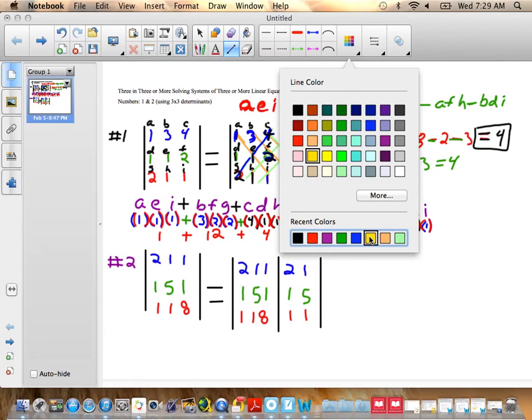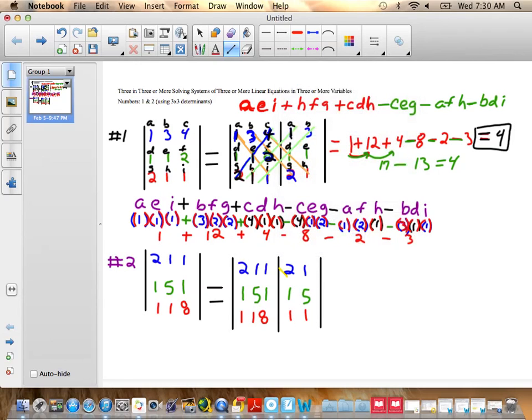I'm using the letters A, B, C, D, E, F, G, H, I to represent a position for those numbers.